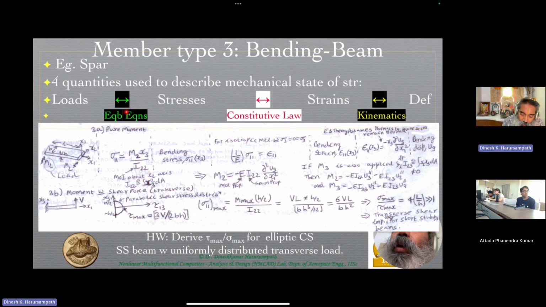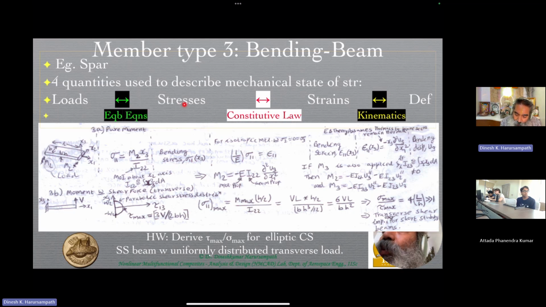This is what the equilibrium equation results in. Since the load is specified, namely your M2 is specified, and you know the geometry, therefore you know I22, and at any given value of x3, you can now get the stress sigma 11, right? So that's as far as the first equation is concerned.